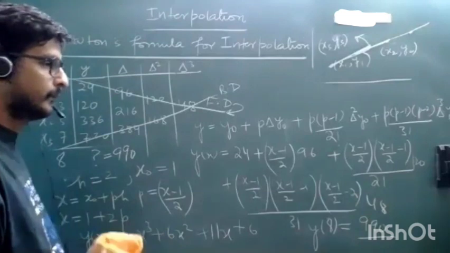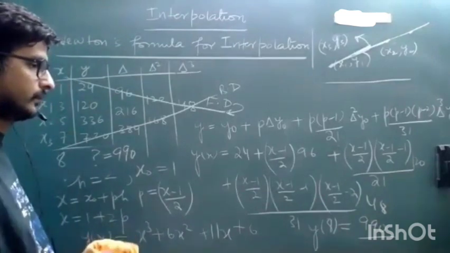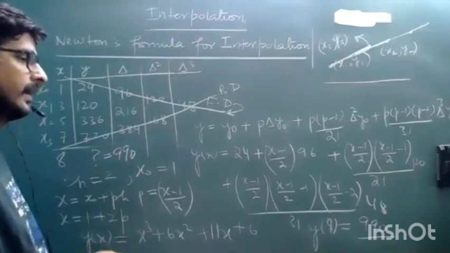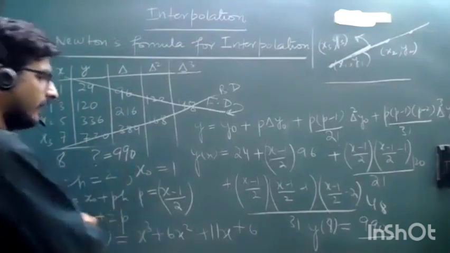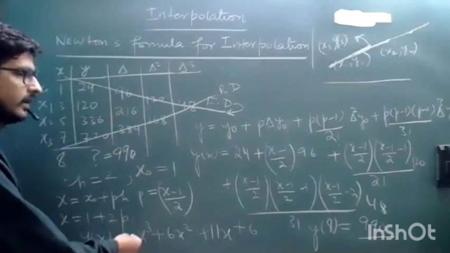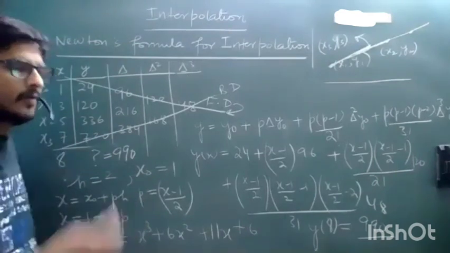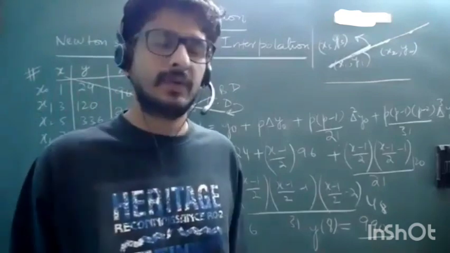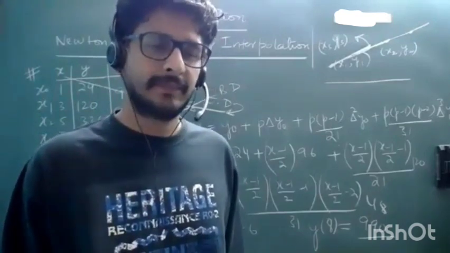Sir, can we use interpolation to find values outside the range that's already given? You have formed this y, so you can use it, but how correct that will be is another question which you need not address here. Okay.